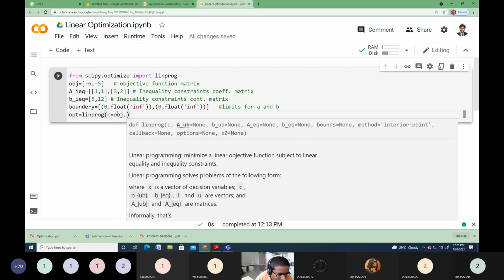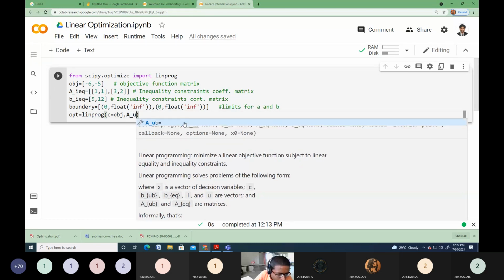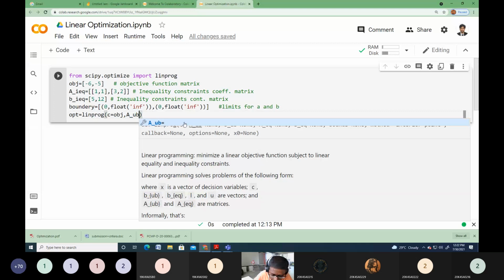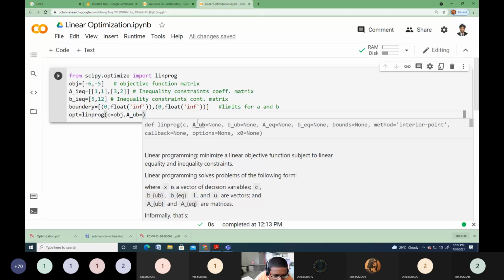Now I'm passing the C value here. C is nothing but the objective function matrix that we already have. Next, there is A underscore UB. A underscore UB expects the coefficient matrix of the inequality constraint.